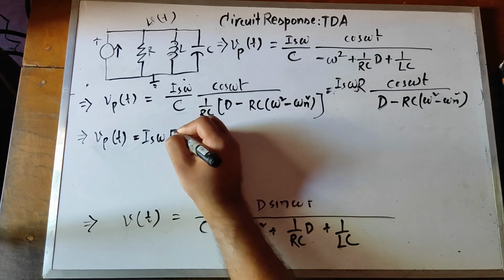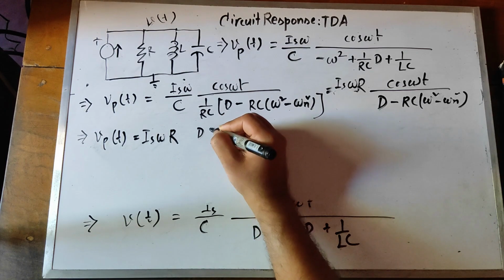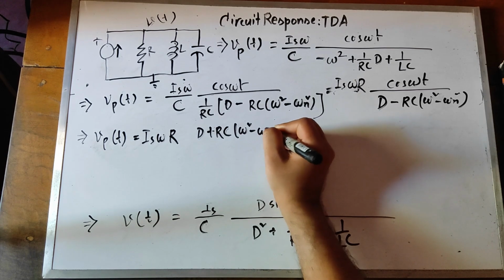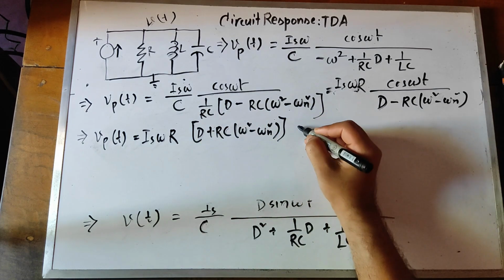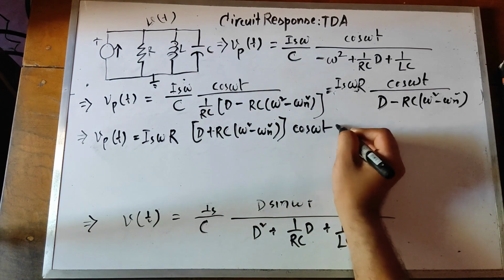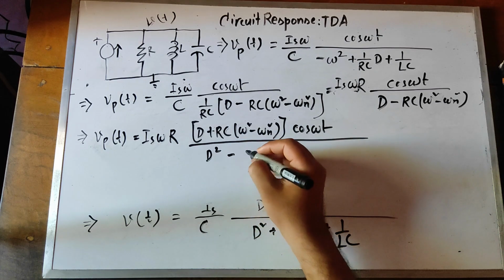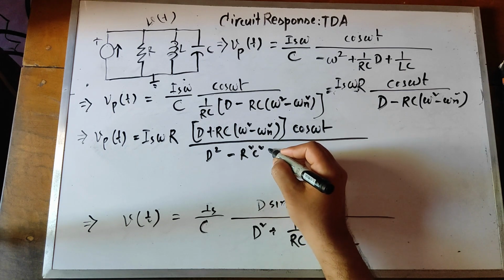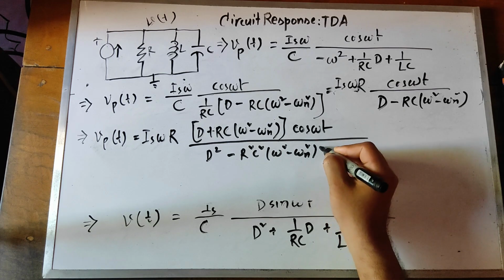I_s omega R, now it is D plus RC omega square minus omega n squared in the brackets, cos omega t, by D squared minus R squared C squared omega square minus omega n square whole squared.